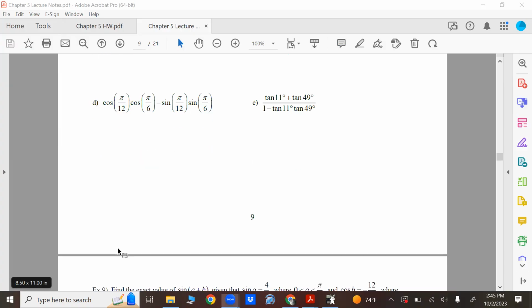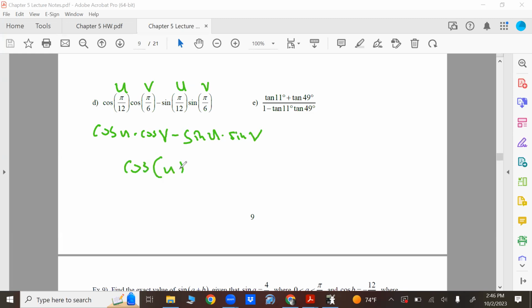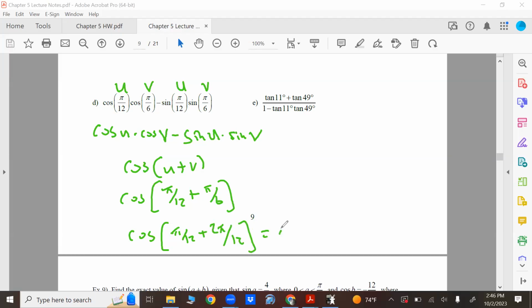For part D, this looks like U, this looks like V, this looks like U, this looks like V. So it's cosine of U times cosine of V minus sine of U times sine of V, which is really just cosine of U plus V. Or cosine of pi over 12 plus pi over 6, which is cosine of pi over 12 plus 2 pi over 12, which is cosine of 3 pi over 12, which is cosine of pi over 4. What's cosine of pi over 4, guys? Thank you.